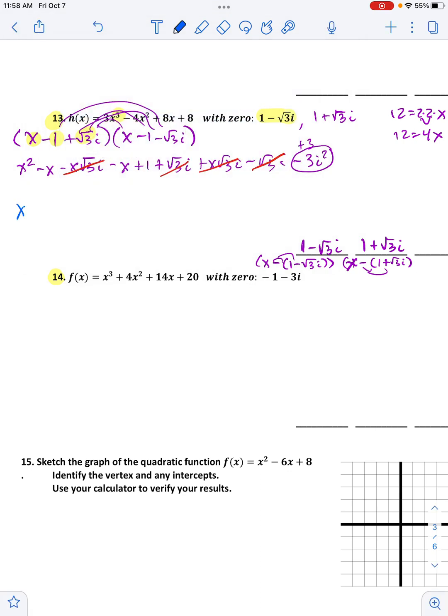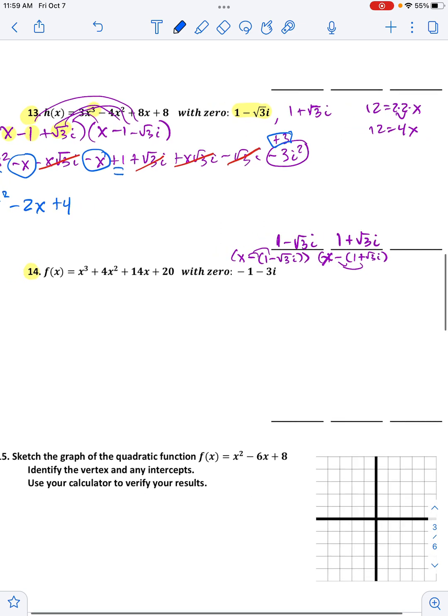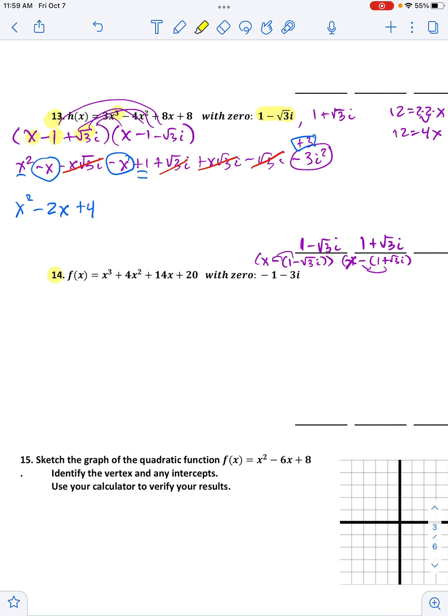So I'm getting an x squared from this. I have a minus x minus another x, so I'm going to have x squared minus 2x. And then I have this 1 and this 3, so I have plus 4. So what that is doing is that's like the equivalent of the 4 in this example.